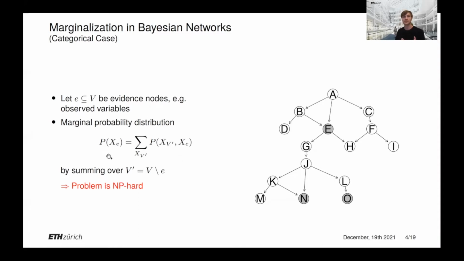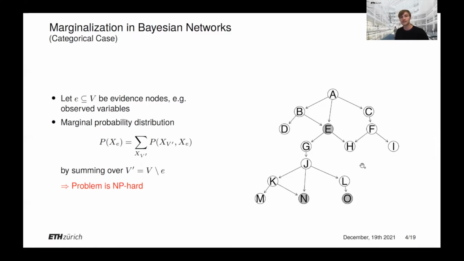So the probability of the observed variables, that could, for example, be in this graph here on the right, the probability of the gray variables. So assume that you only observed the variables E, N, and O. And to determine the probability now of E, N, and O, you need to sum over all of the variables that are not in the observed variables, meaning all the white nodes here, right? And just as a convention, I will refer to those observed variables as evidence variables.